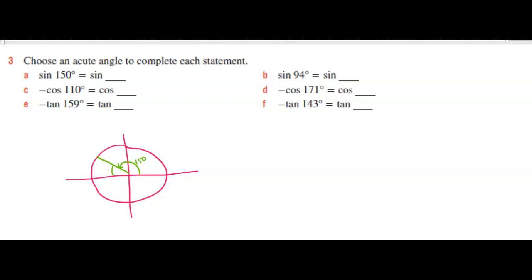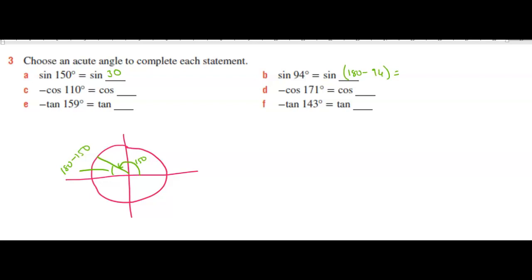So this angle here is just going to be 180 minus 150. So sine 150 is the same as sine 30. So you're kind of just looking for the two angles to add up to 180, basically. So sine 94 is the same as 180 minus 94. So you can go on and do that.